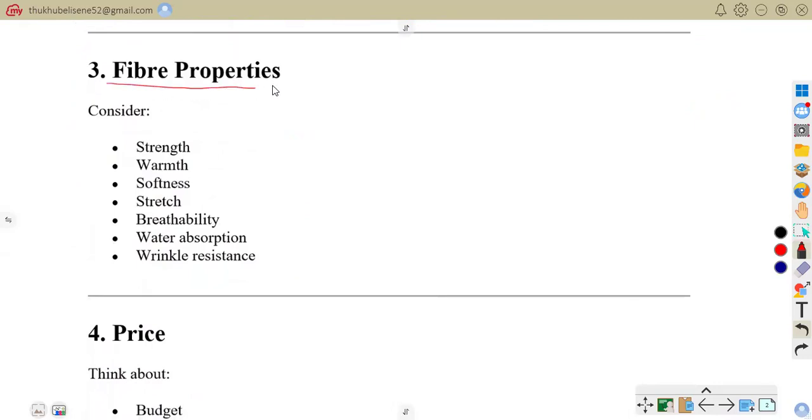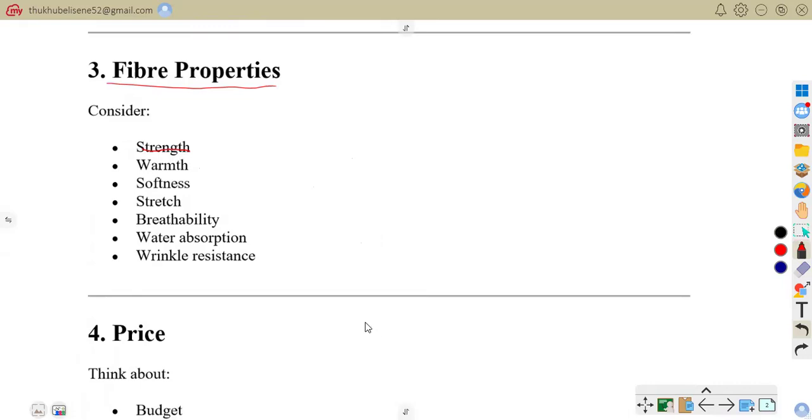Another factor that we have to look at is fiber properties. Before buying a fabric, consider its important characteristics. First, consider strength. Strong fabrics resist tearing and they last long.